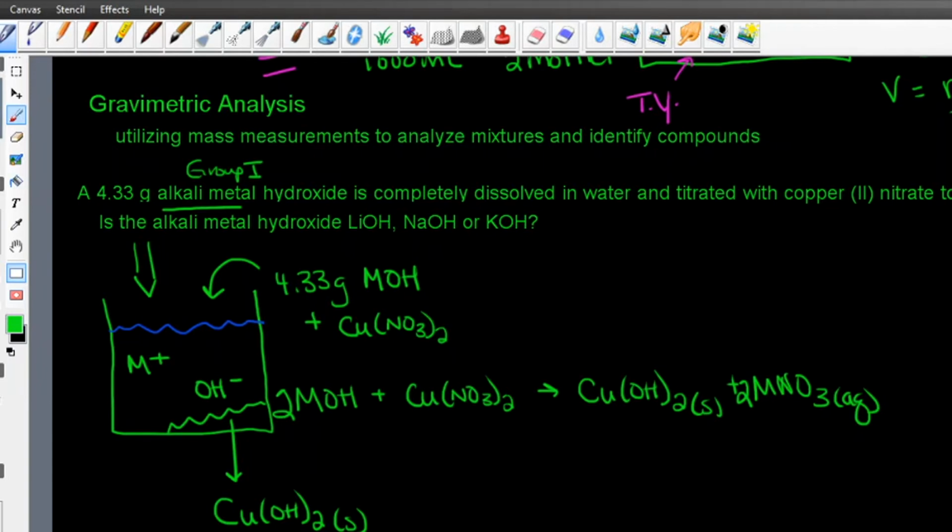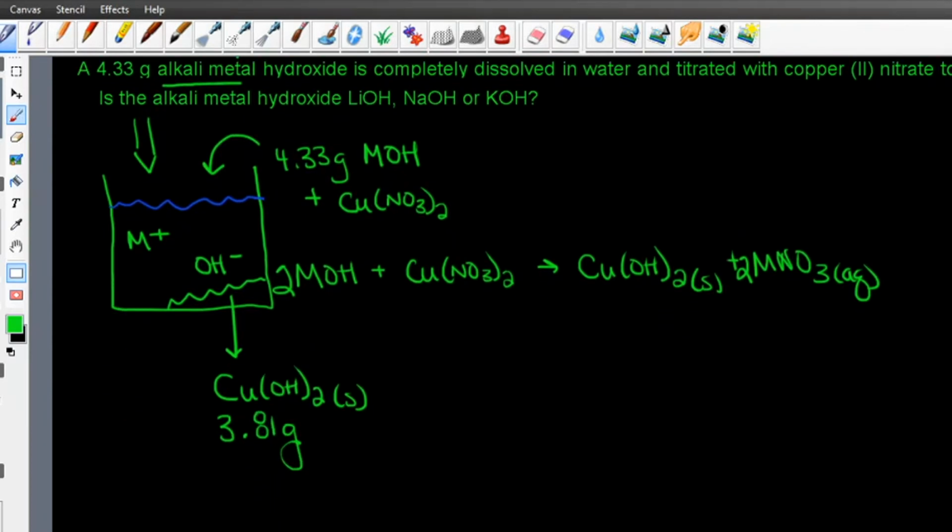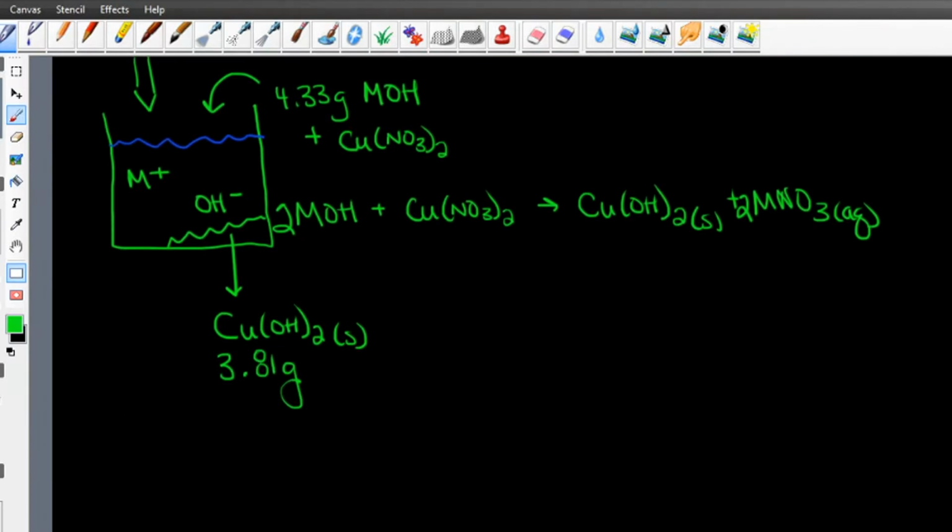Okay, so here's how I'm going to do that. I'm going to work from my 3.81 grams of my product. If I know that I have 3.81 grams of copper hydroxide, I can figure out how much of that is just hydroxide.